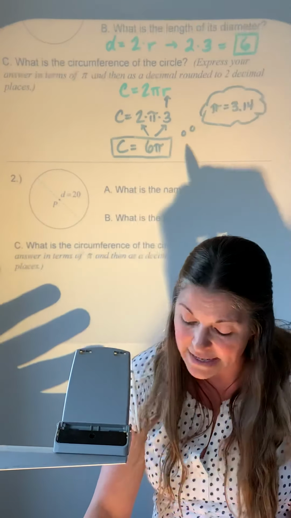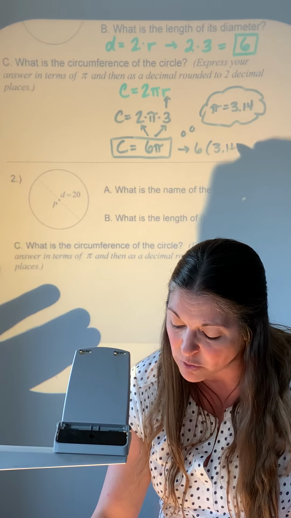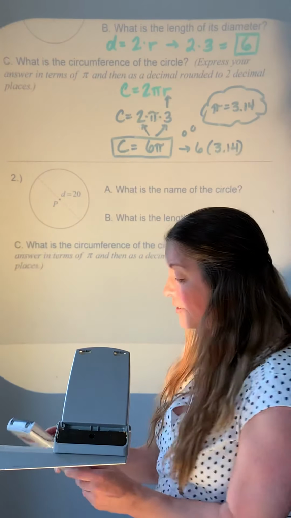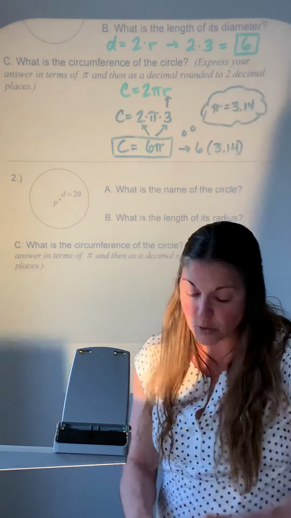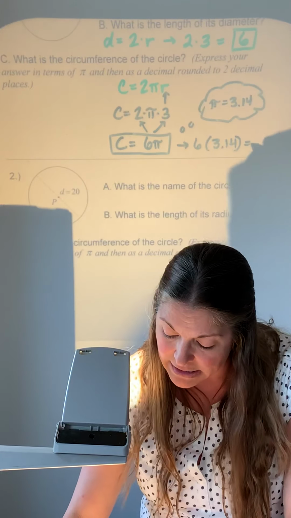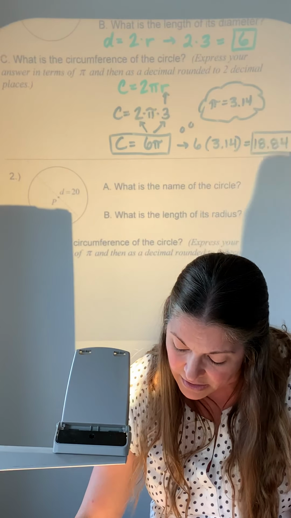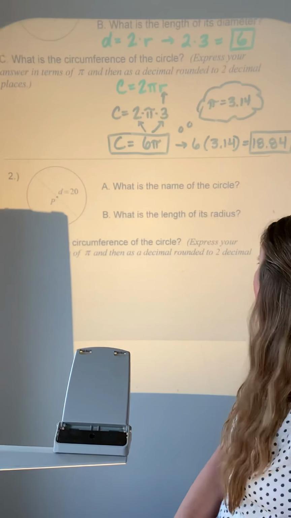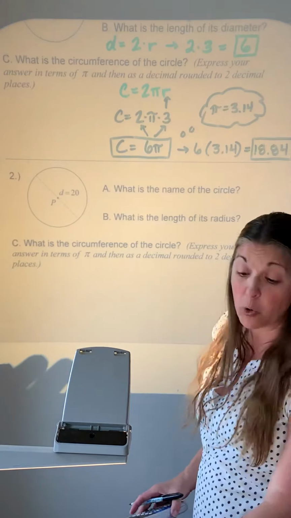So if I go ahead and do 6 and then multiply it by 3.14, and I've got my calculator for that, 6 times 3.14, that's going to give me 18.84. So our circumference is 6 pi, or as a decimal, it's 18.84.